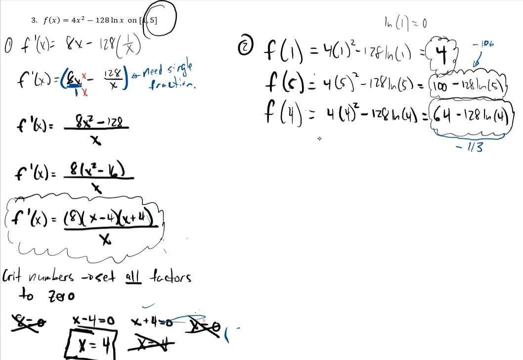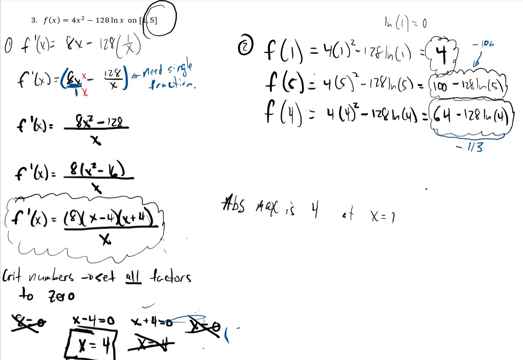And so that lets us finalize it with our absolute extrema. So we could definitely see what the biggest one is. The biggest one is 4. Okay, so let's finish this off. So we've got the absolute max is 4 at x equals 1. And then we want to finish it off with our absolute minimum. Well, the absolute minimum, I'm going to write it in terms of that log.